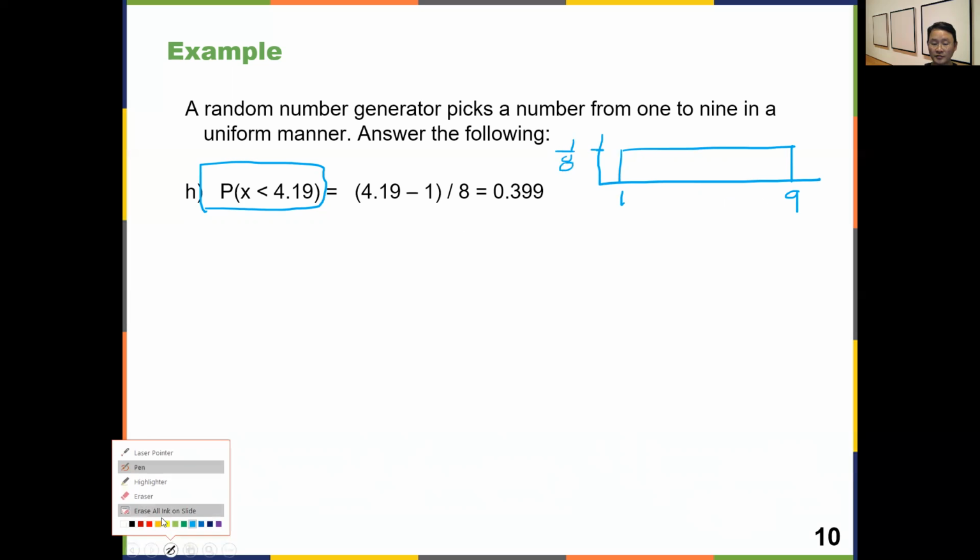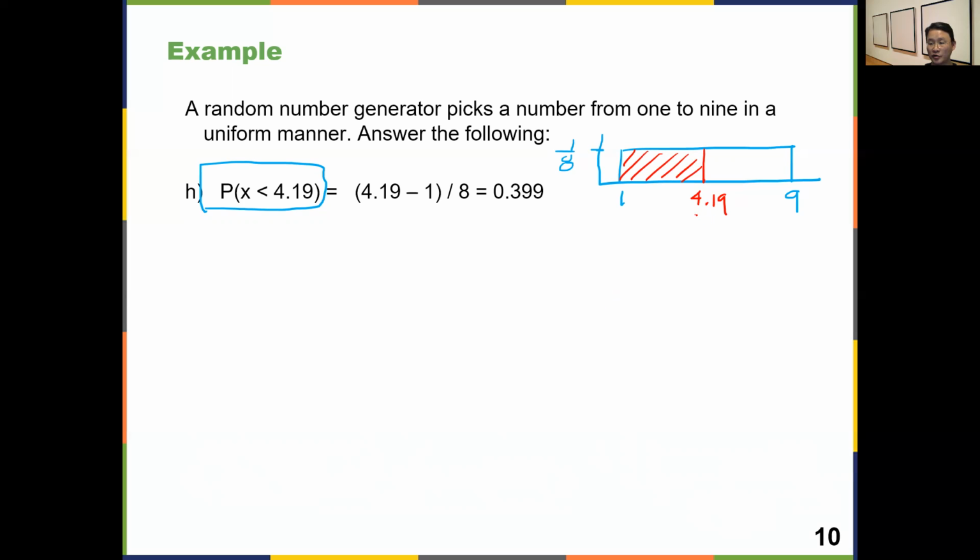And this time, x is going to be smaller than 4.19. Let's say roughly 4.19 is right here. So the x value we are looking for has to be smaller than this. That means we are looking for this area.